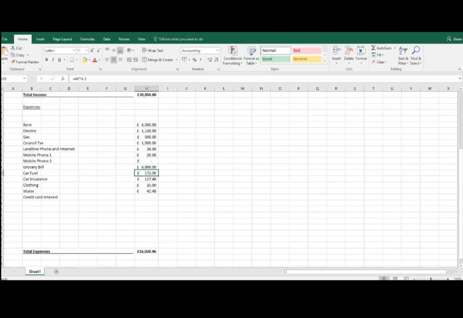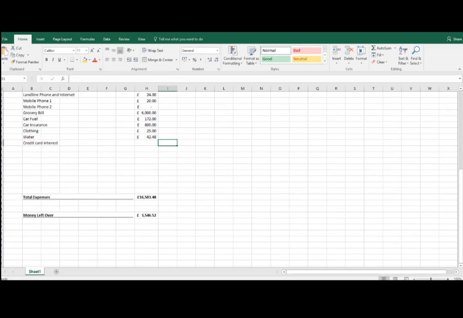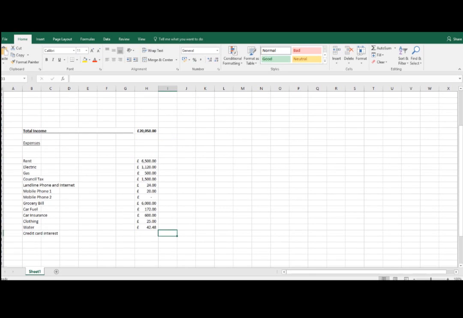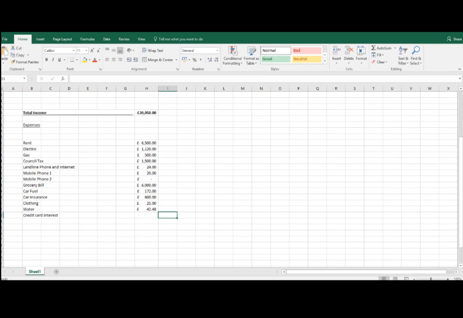These figures aren't really realistic. It's purely for an example. So at the bottom here we have total expenses or total money out. I've got credit card interest, and you'll see that there's money left over. So at the end of the year there's £3,500 just over left. There's a surplus of income, which is ideal.